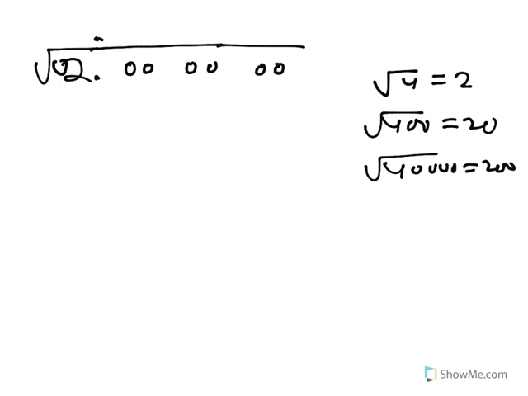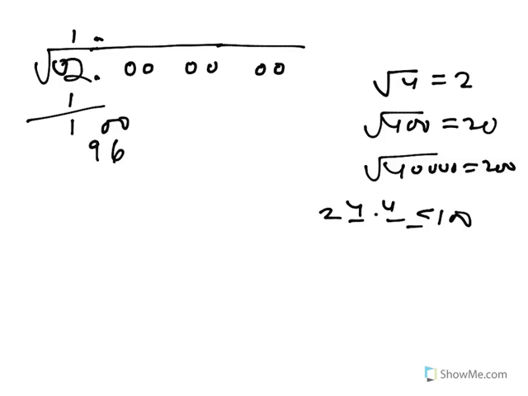So the way we do that, square root of 2 is between 1 and 2, so I put a 1 up here. Subtract, bring down, double the 1, it becomes 2, so 20 something times something is less than or equal to 100. 24 times 4 is 96, so 4 is our next digit.